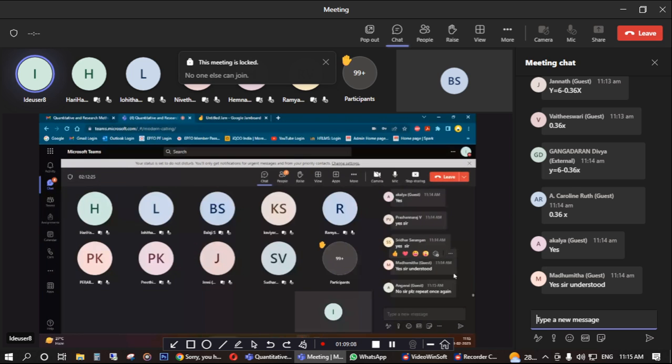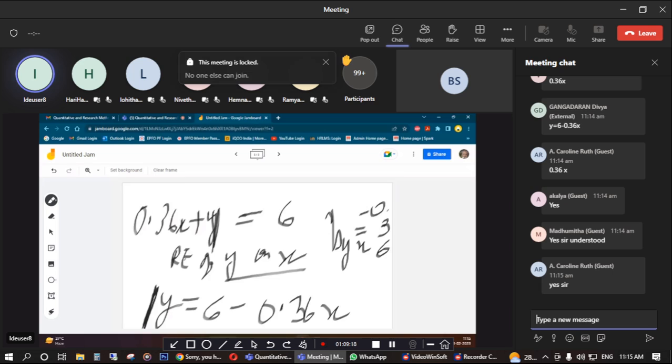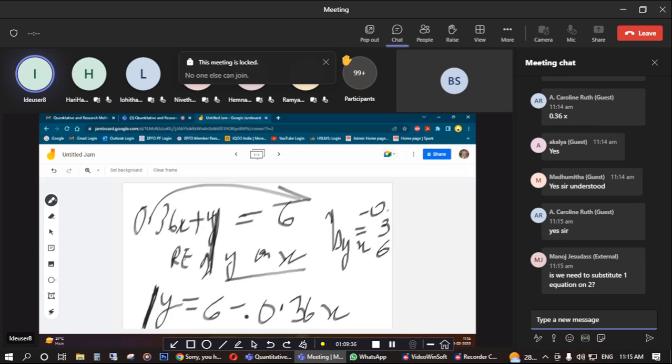Okay. Very simple. See, 0.36x plus y is equal to 6. I want to find out the regression equation of y on x. Keep y as it is here. Remaining terms you put it that side. அப்போ என்ன ஆகும்? 1y is equal to 6 already இங்க இருக்கு. 0.36x இங்க இருக்க கூடாது. இத வந்து இந்த பக்கம், so equal to அந்த பக்கம் போச்சனா plus will become minus 0.36.